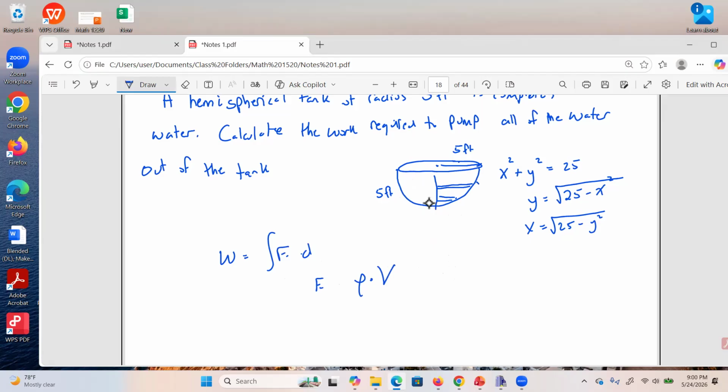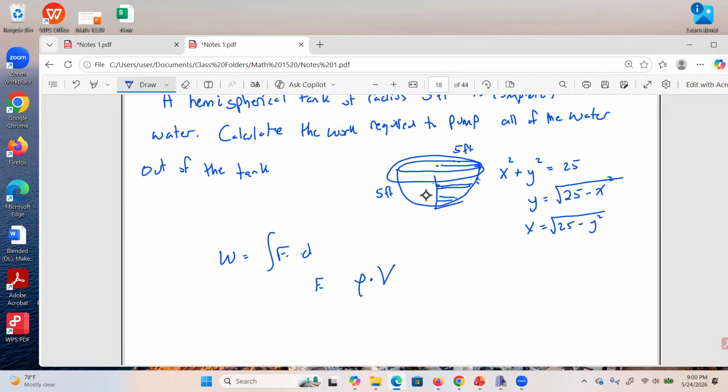So what if I picked this thing here and rotated this curve? We'll keep it as y.